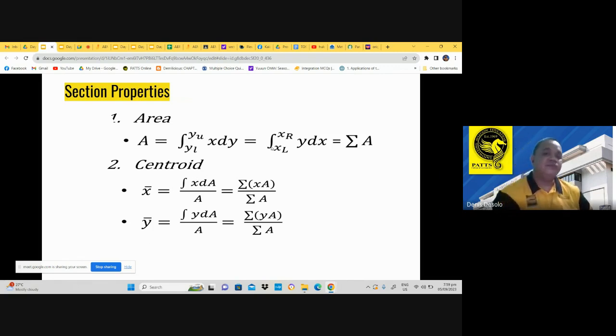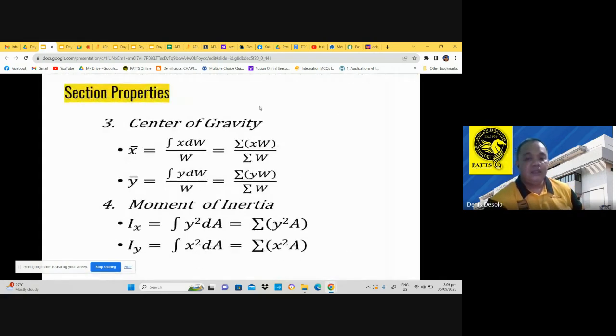That's the summation. So if you check the formulas for the area, centroid, center of gravity, and moment of inertia, the integral symbols are replaced by the summation symbol. As you can see, all integral symbols are replaced by summation symbols, and that's the difference. This time we'll be using the formulas that we have derived.